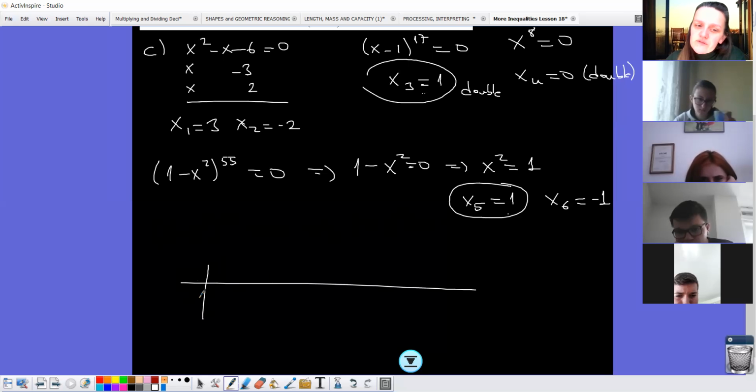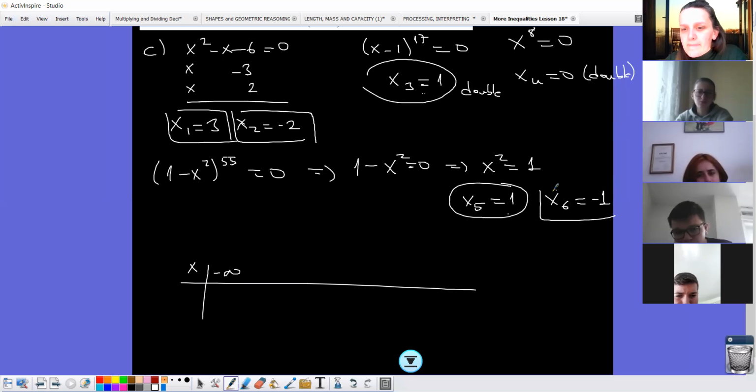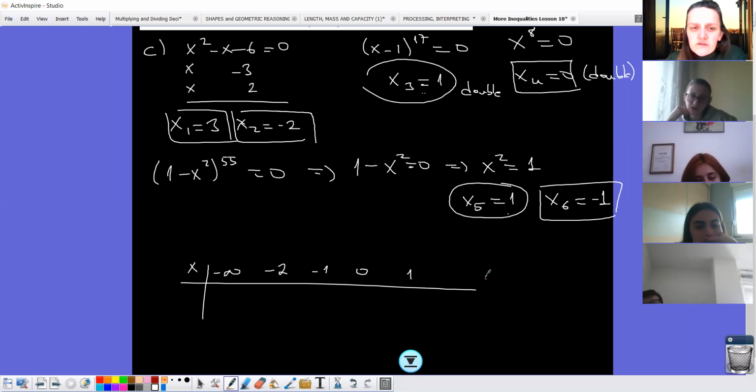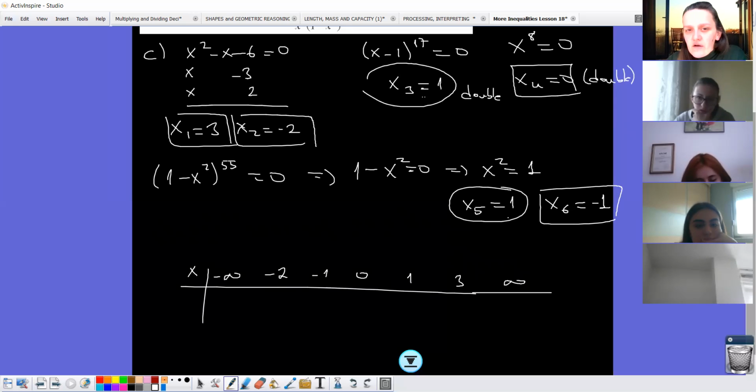Now, when I draw the sign chart, minus infinity, which one is the smallest one? Let me see all the roots. Minus 2, then minus 1, then 0, 1, and 3. Then let's check our question.